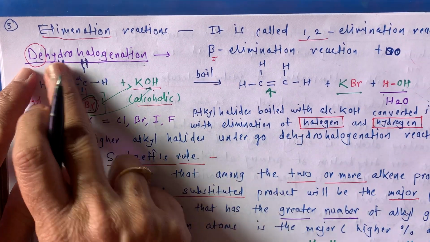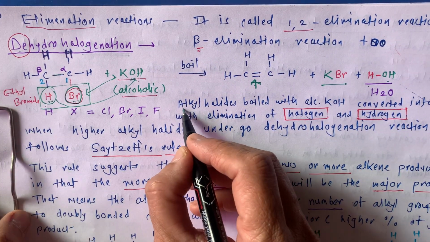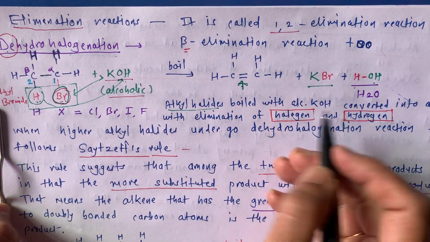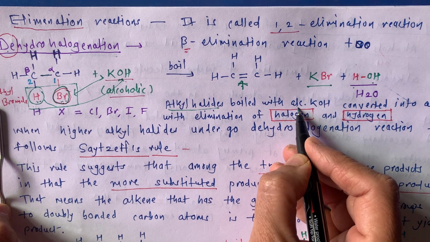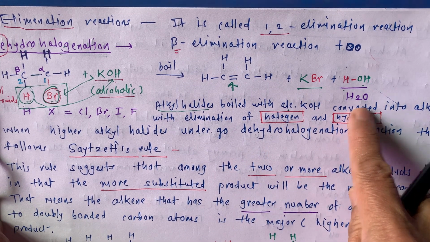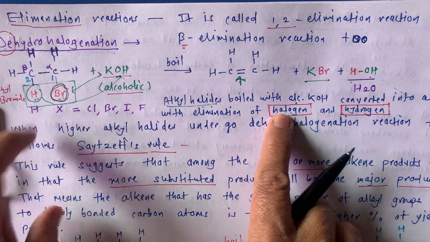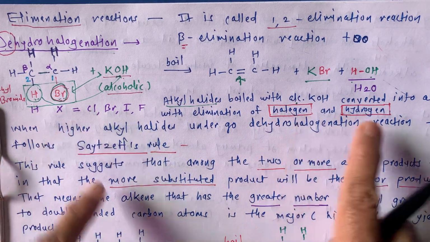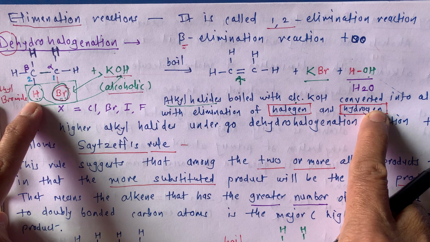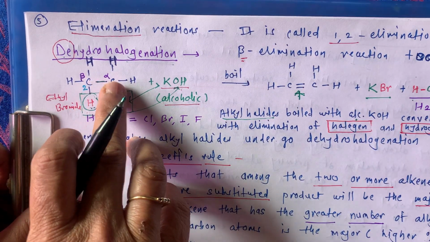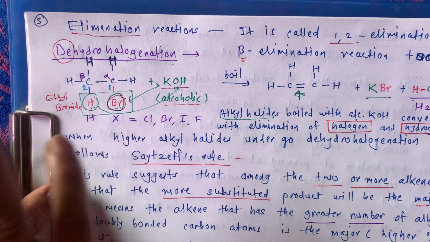So what is this reaction? Alkyl halides boiled with alcoholic KOH, ALC being the short form, are converted into alkenes with elimination of the halogen and hydrogen. This is the example where we have taken just two carbons.